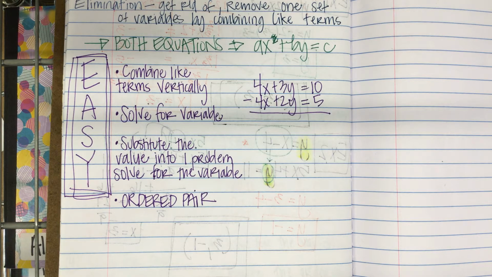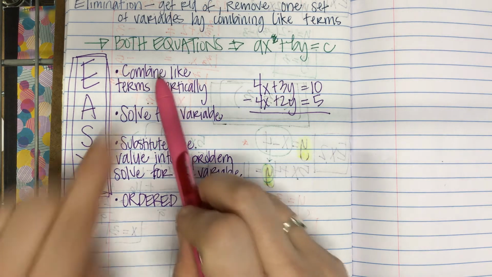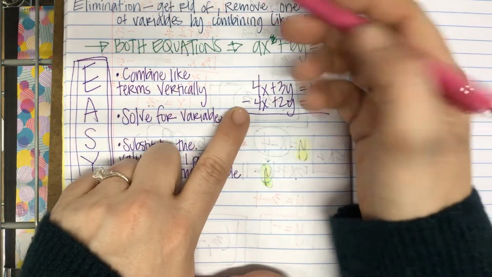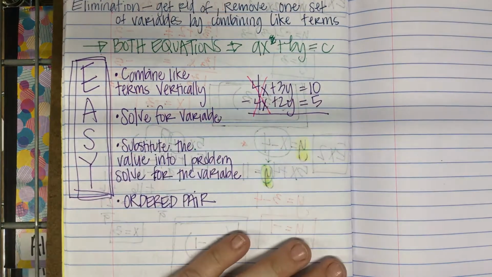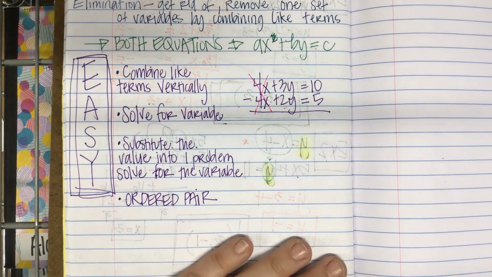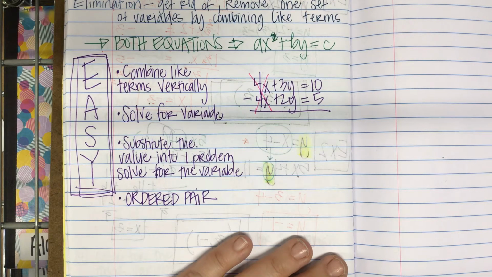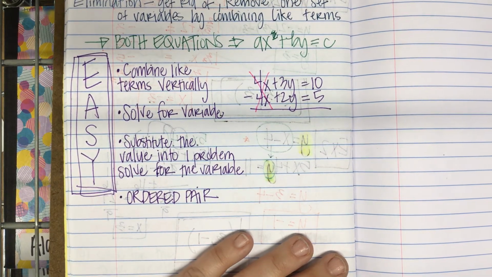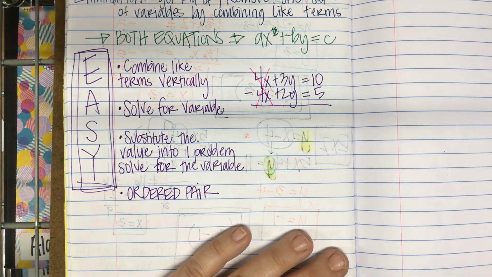They're both in standard form, so I can eliminate. And the reason it's easy is because look at it. If I combine like terms vertically, my x's cancel out. I've eliminated it right off the bat. I eliminated my x's because they're inverses, they're opposites. They disappear when I combine them.